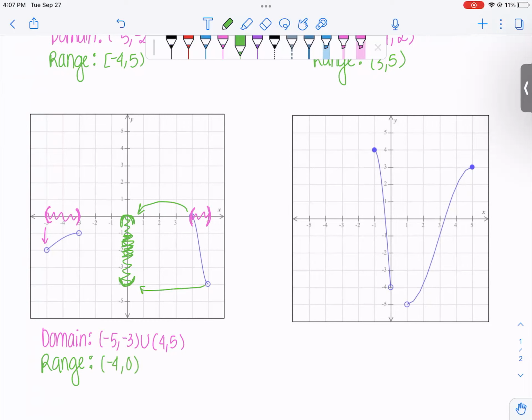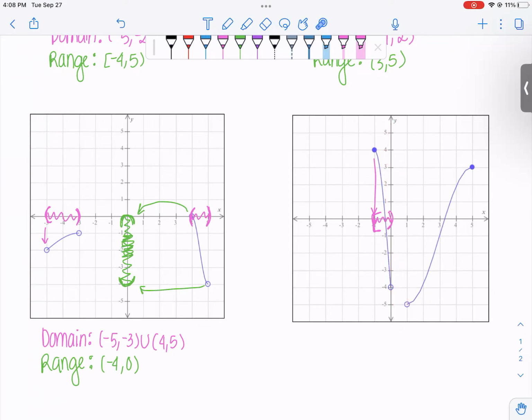Finally, on our last one here, my domain is going to start right here, bracket because we have a closed circle. It goes all the way to 0, and by all the way, I mean barely anywhere at all. And we include this portion. Open circle means parenthesis. There's a gap in the domain right here where there's no graph.